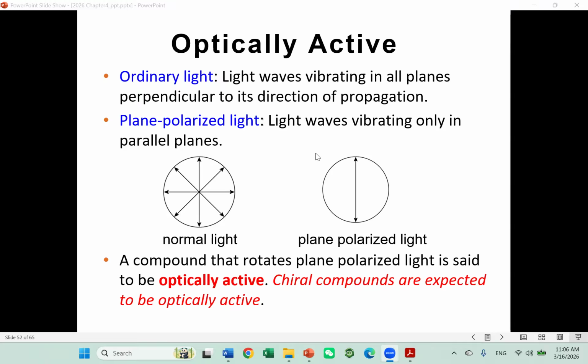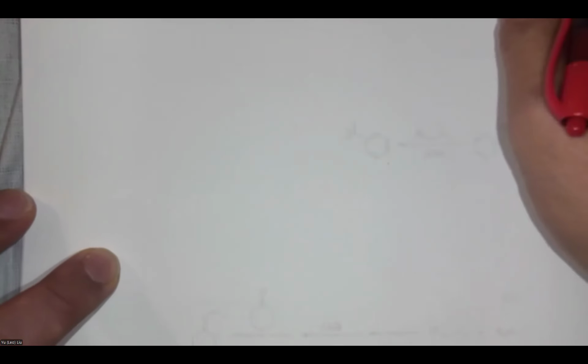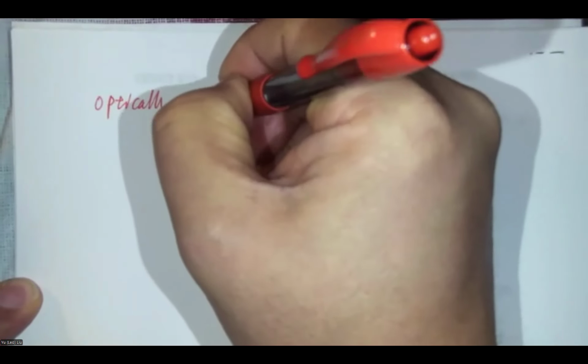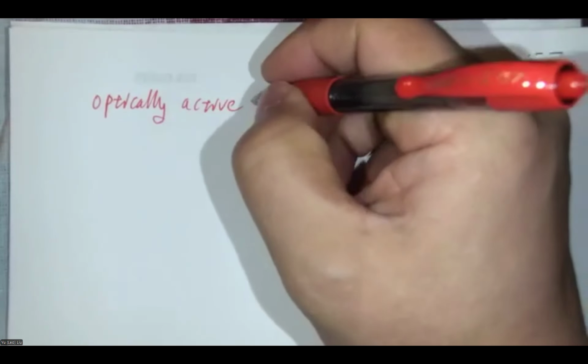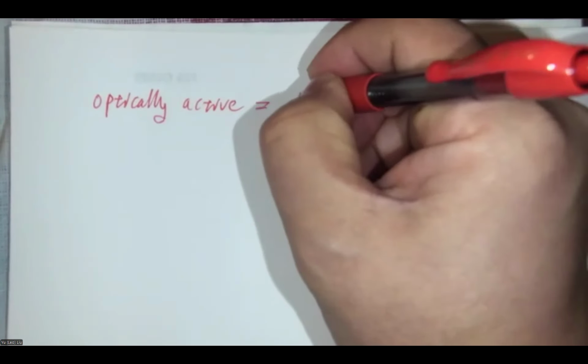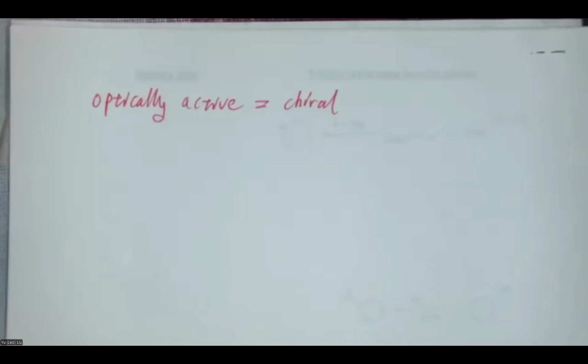Quite often you will see in the literature, or maybe in our future exam quiz, people say optically active. That actually equals chiral.